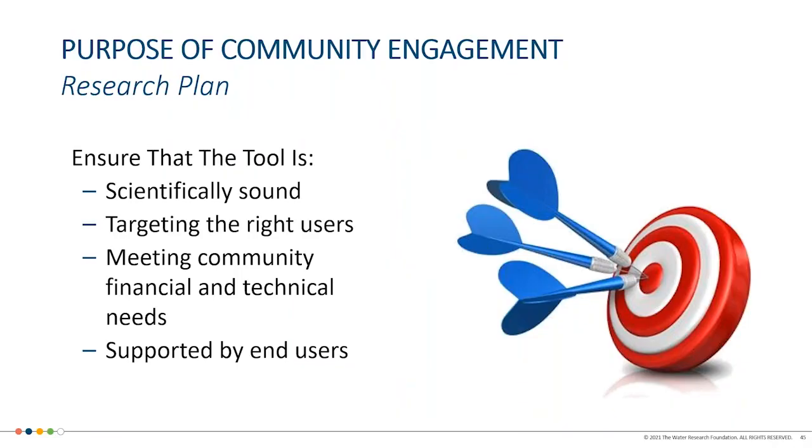So when you start a project like this one, the technical piece, the data, the tool you're developing is the real superstar. However, none of that would be very useful if you weren't engaging the potential stakeholders, the folks that are going to use it, to find out what they need so that the tool is right for them when it's time. So that's why we infused community engagement throughout the development of CLASIC.